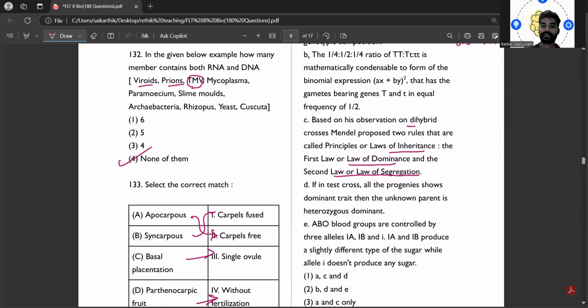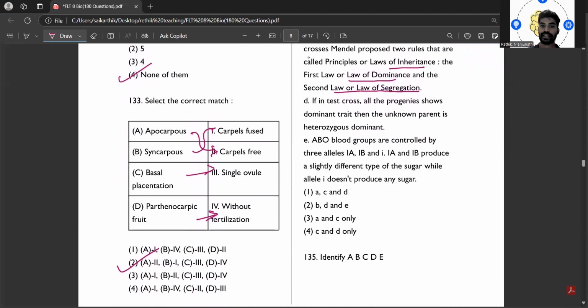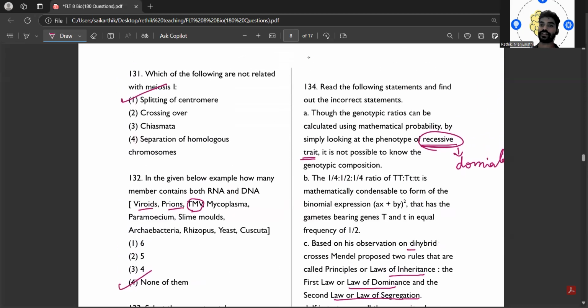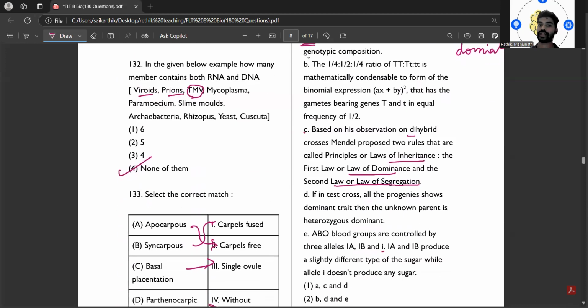Next is C. ABO blood groups are controlled by three alleles, IA, IB, and small i. This is correct. IA and IB produce slightly different types of sugar, while allele i doesn't produce any sugar. Now, read the following statements and find the incorrect one. Since this is itself recessive, obviously this will also become incorrect.